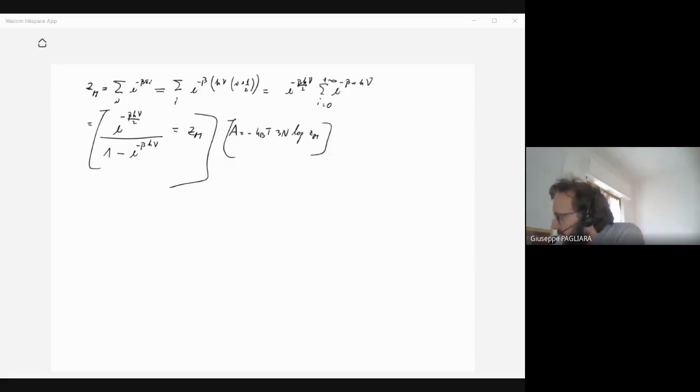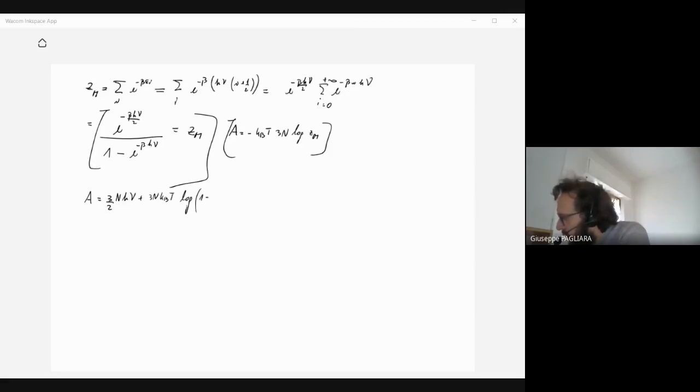So this is the Helmholtz free energy, which can be computed easily by just putting instead of Zm the formula that we had before, and one should get the following result. I'm just quoting. If you want to try to compute it, it's just a matter of putting the formula there, and that's it.